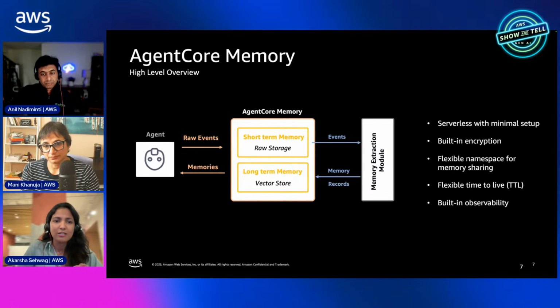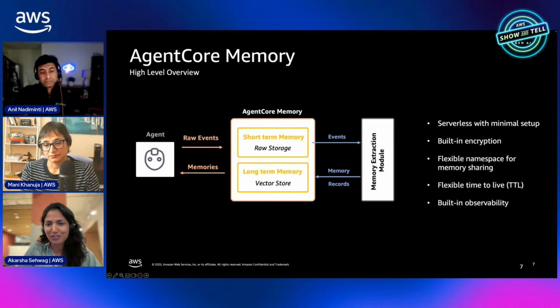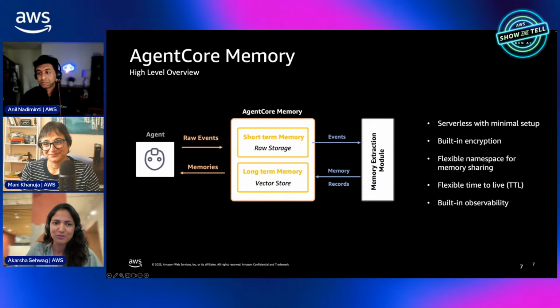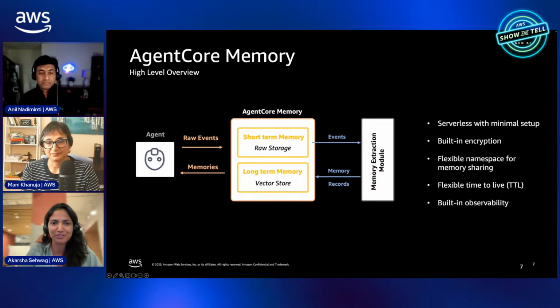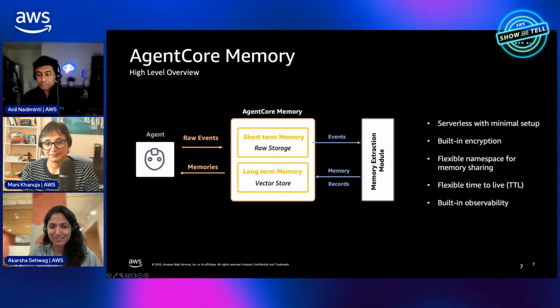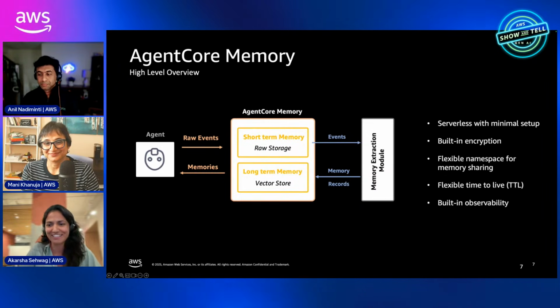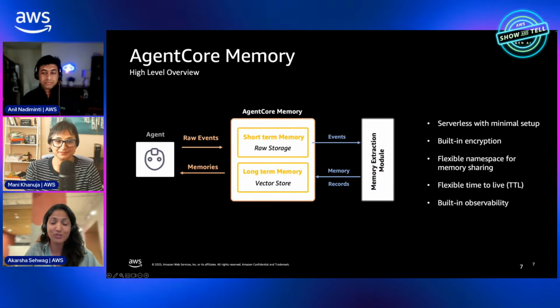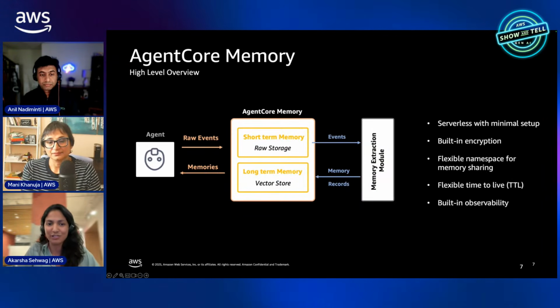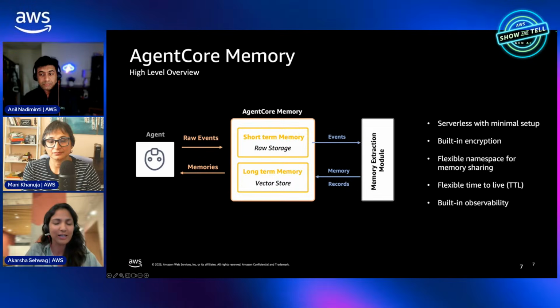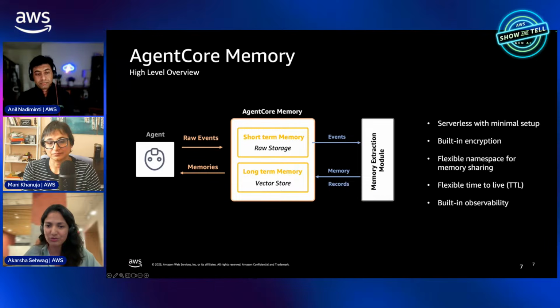So the first question that comes in is, why should I use AgentCore Memory? First of all, it is completely serverless with minimal setup needed. We are talking about literally a couple of lines of code here. Plus, we have built-in encryption because, let's face it, we are dealing with user data here, and we need it to be secure in transit and at rest. We also give flexible namespaces, so you can define how you want the memory to be shared across different agents or across different users.